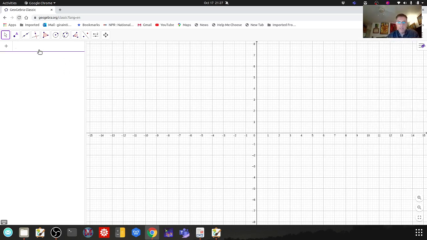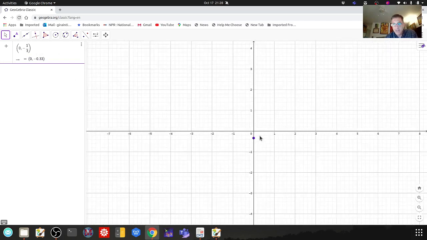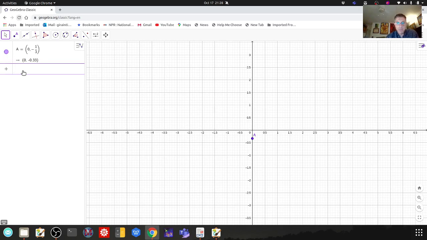So the point 0 and minus 1/3 is the y-intercept, and then the point minus 1 and 0 was the x-intercept. So we've got those plotted.